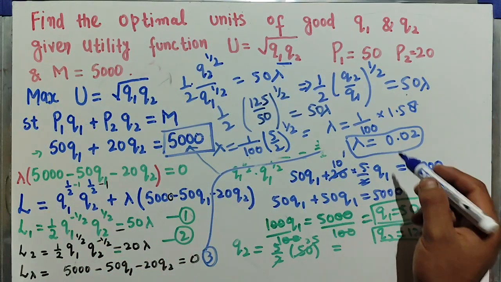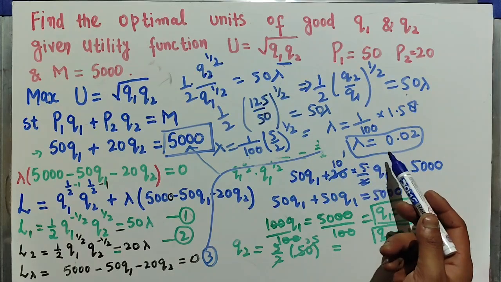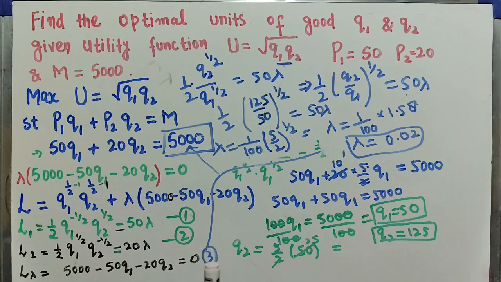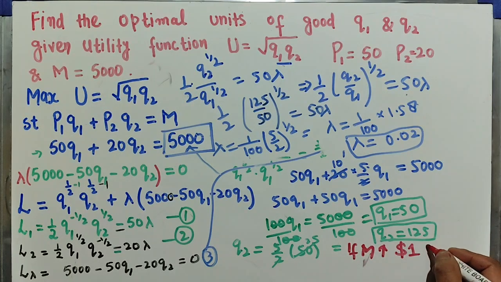Since we got the value of lambda equal to 0.02, its interpretation will be that if the income increases by $1, the utility of the consumer will increase by 0.02 utilities.